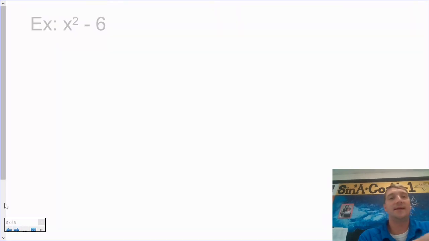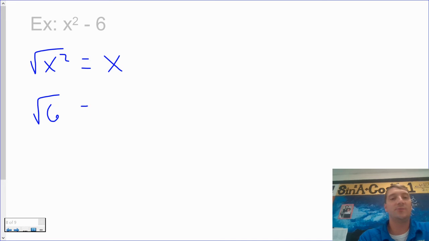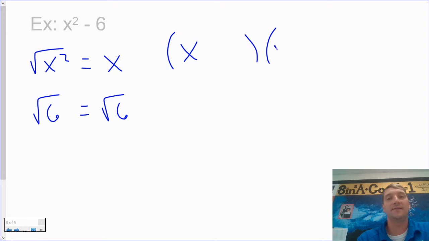Now 6 is not a perfect square, but we're still going to be able to factor this. We're not always going to use this technique. Typically speaking, if it looks like that, we're probably going to leave it alone. But this technically can be factored with difference of two squares. X squared, the square root of that's x. The square root of 6 is just the square root of 6. I don't want a decimal here in an irrational number. But I can put the x's in front.